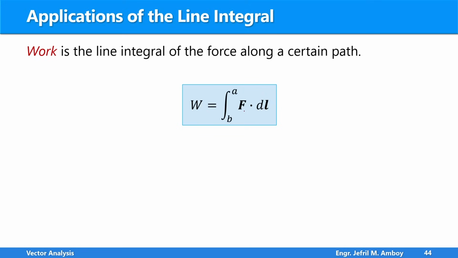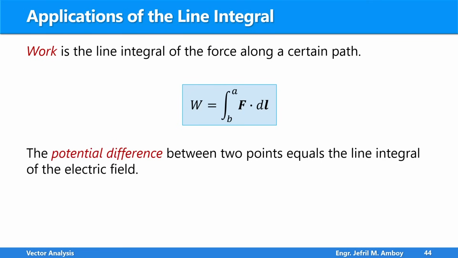or simply the line integral of F. Another important application of the line integral is in the calculation of electric potential. The potential difference between two points is actually the line integral of the electric field. Here, V_AB is the potential difference and E is the electric field.